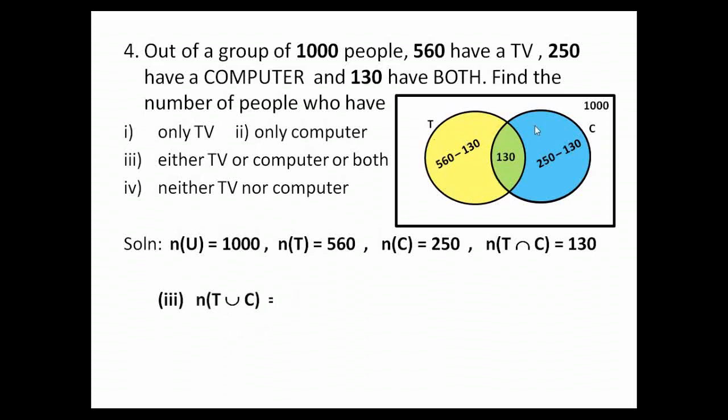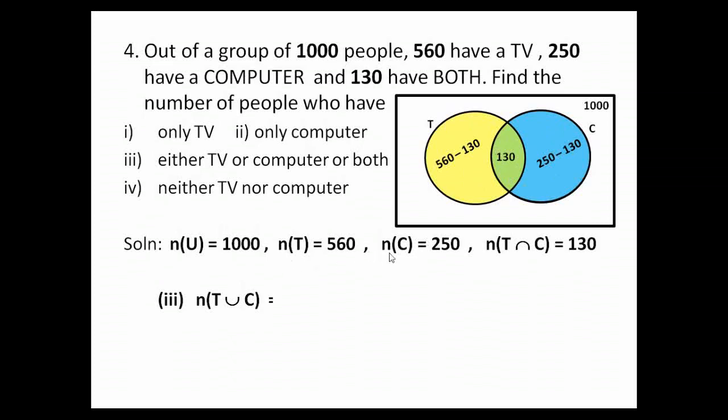NT plus NC, the total number of people who have TV plus the total number of people who have computer, and we'll subtract the intersection part, the number of people who are having TV and computer both, once, because we'll be adding it twice if I'm adding NT and NC.